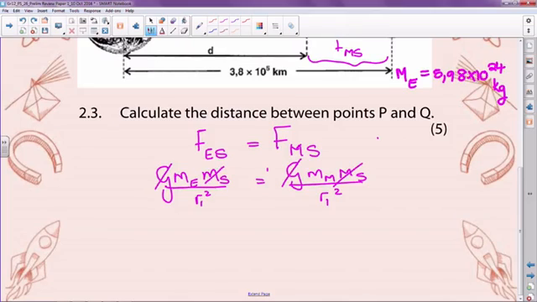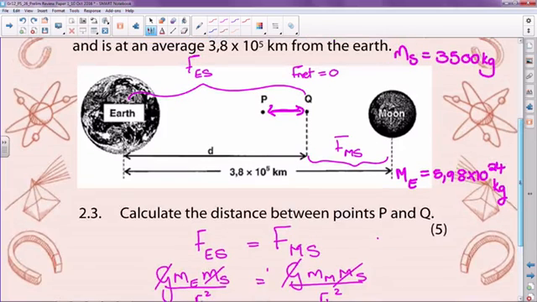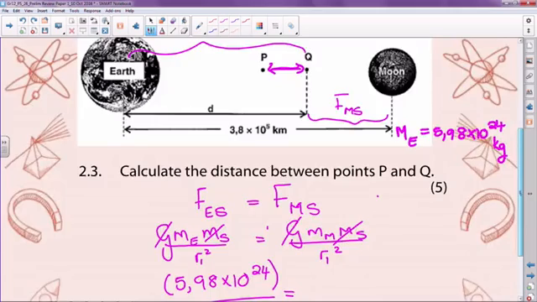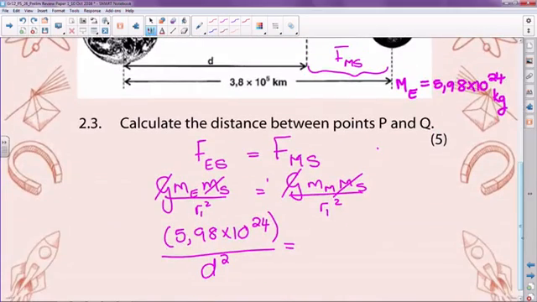So, the mass of the Earth, I told you, was 5,98 times 10 to the 24. Now, the distance between the Earth and the spaceship is D, so that's D squared. The mass of the moon, they told me, was 7,35 times 10 to the 22.